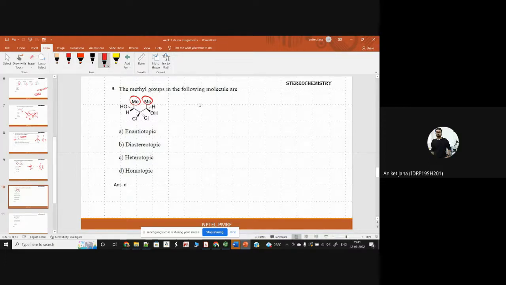So let's first convert this to the Fischer conformation. Then let's change this one with CD3. The rest will be the same.